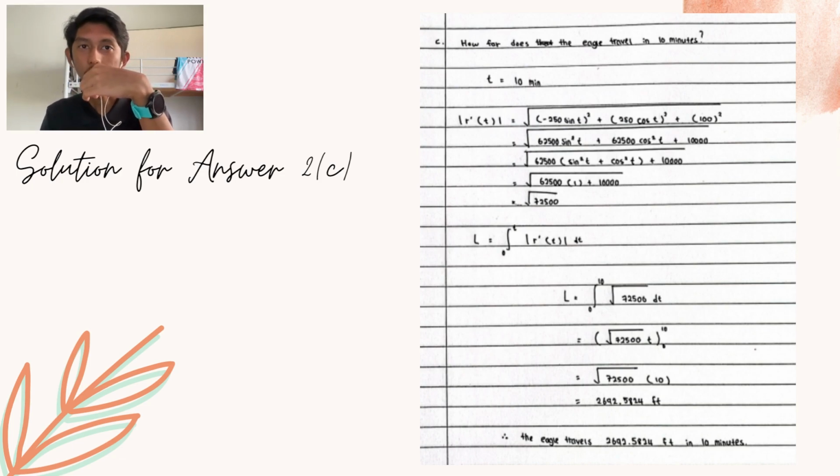Kemudian kita akan buat substitute the value and integrate within the limits. So dia akan menunjukkan jawapan 2692.5824. Kesimpulannya, eagle tu travel dalam jarak 2692.5824 kaki dalam masa 10 minit. Tu adalah jawapan untuk soalan 2C. Sekian daripada saya, terima kasih.